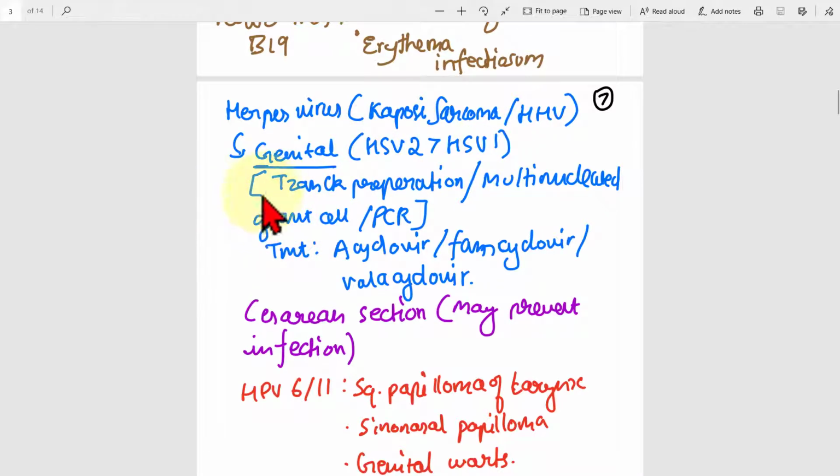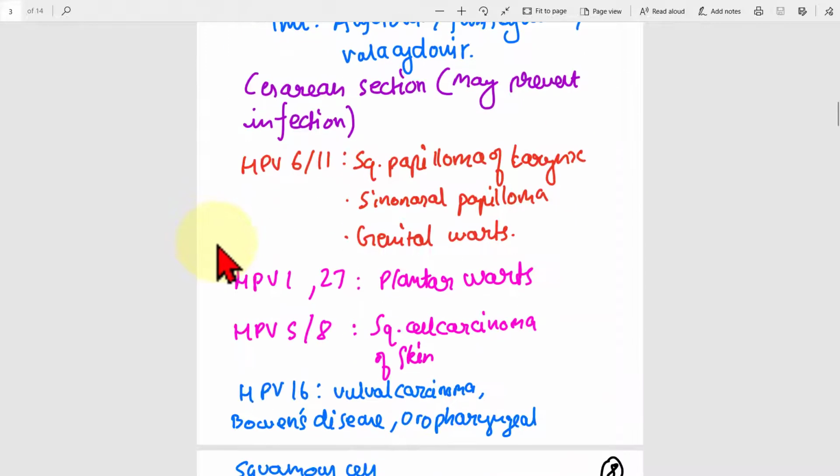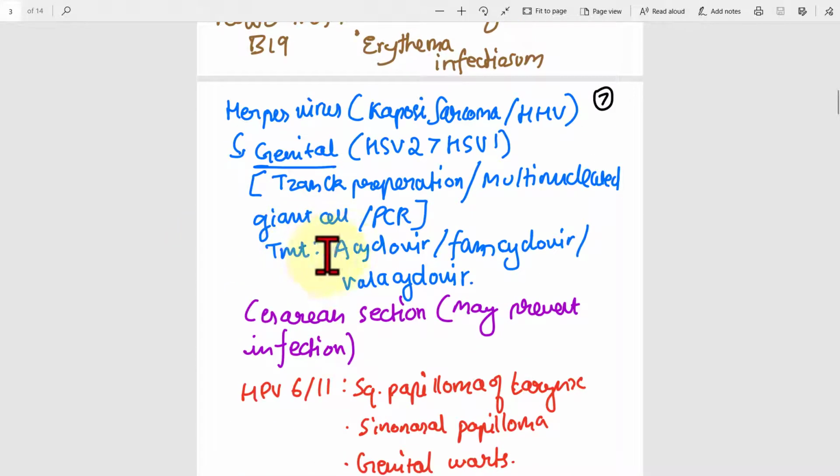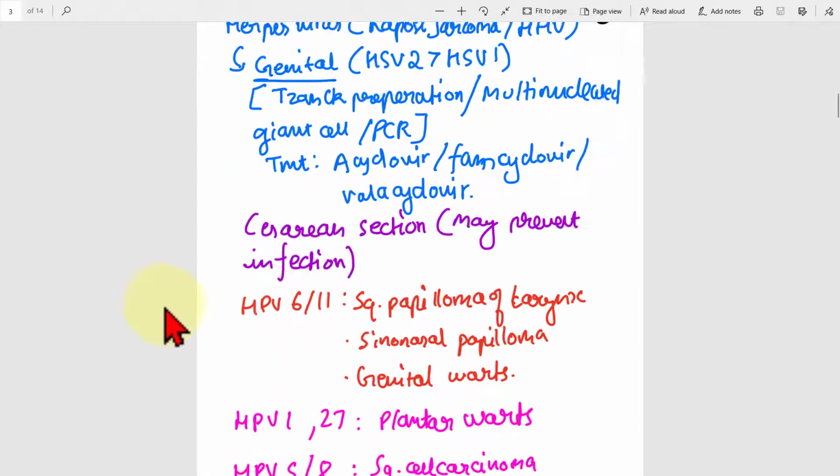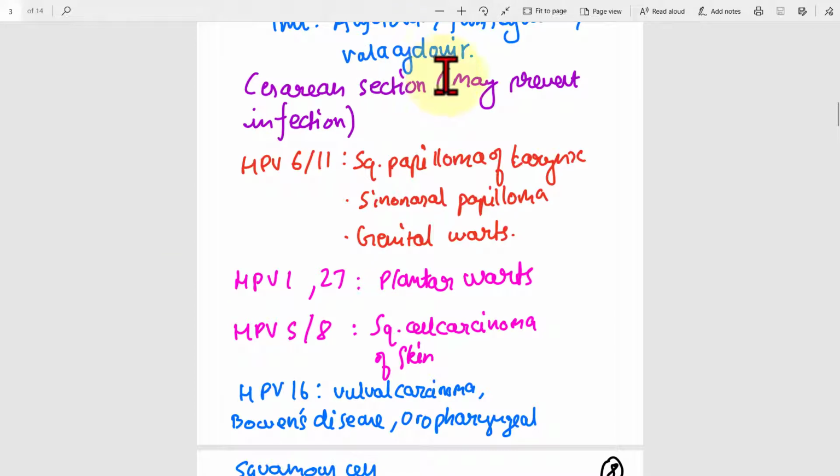In case of herpes, the Tzanck preparation is done and multinucleated giant cells are seen, and also PCR can be performed. Moving on to the treatment, acyclovir, famciclovir, and valacyclovir can be used, and in case of a severe infection of herpes, a cesarean section is mostly preferred.